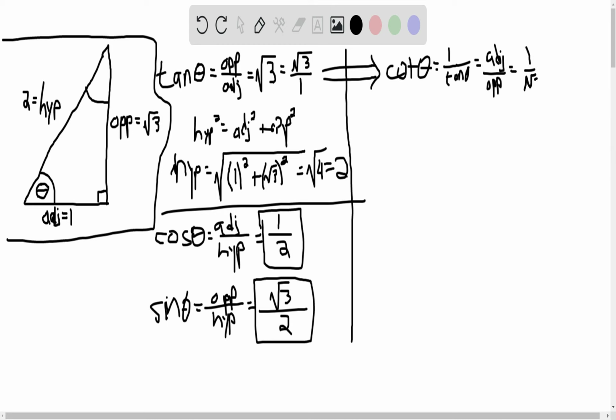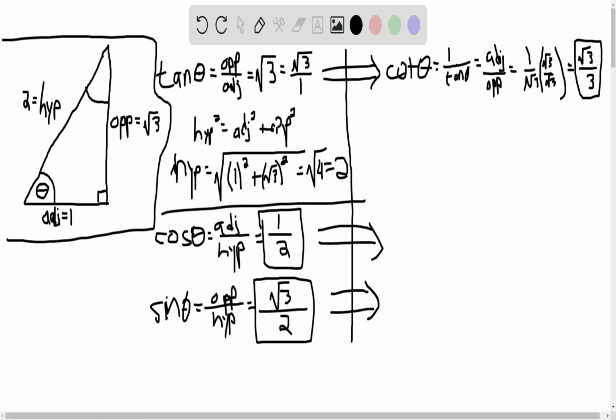And that gives us 1 over the square root of 3. And we have to take the additional step of rationalizing the denominator by multiplying by the square root of 3 over the square root of 3 to eliminate the radical in the denominator, and that leaves us with the square root of 3 over 3 as our answer for the cotangent theta.